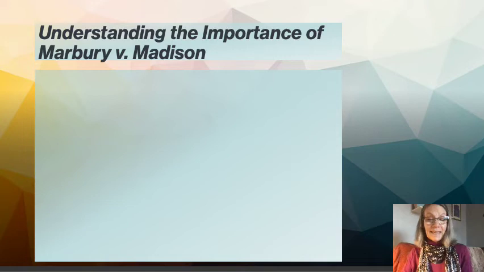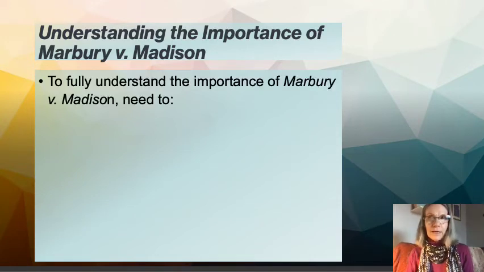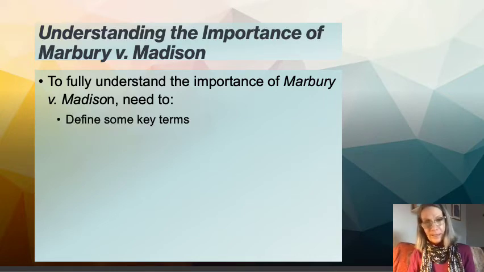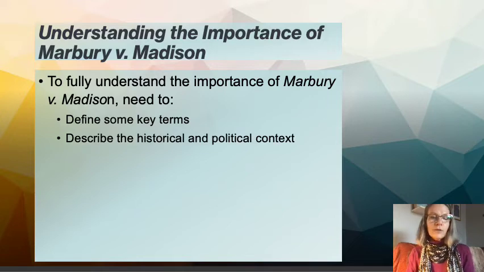Okay, so let's dig into Marbury versus Madison. To fully understand the importance of Marbury versus Madison, we need to do a couple of things. One thing we need to do is define some key terms, and then we also need to describe the historical and political context of Marbury versus Madison.